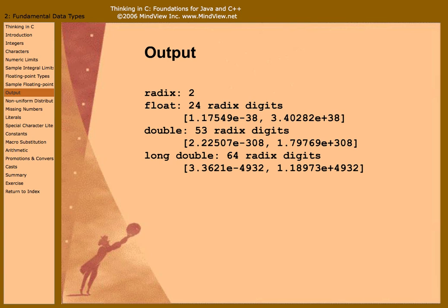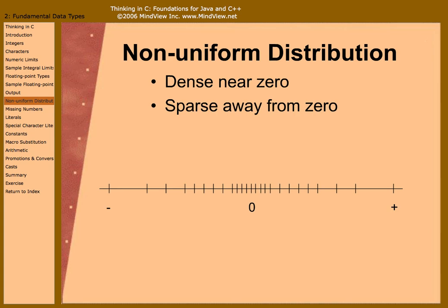I go from 10 to the minus 4932 to the positive 4932. So the floating point number system you choose really makes a difference on the precision and the range that you get. One feature of floating point numbers, which perhaps is not as widely understood as it should be, is the fact that they're not evenly distributed.